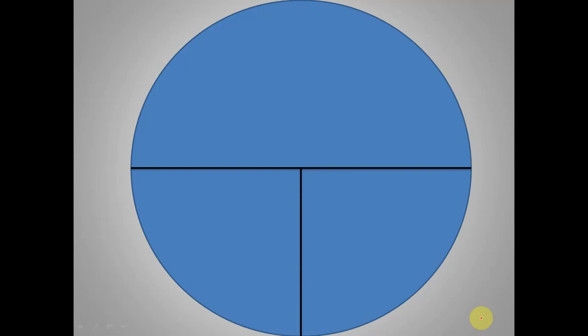Then science and English, each one takes 1/8. Then we divide the quarter into two halves by drawing this line segment, and then write the name of each part.